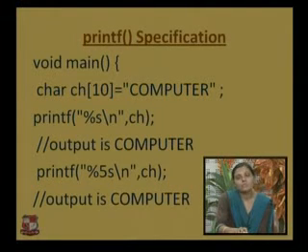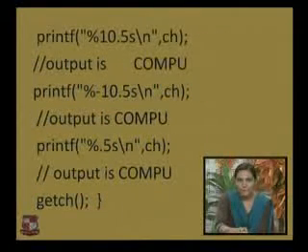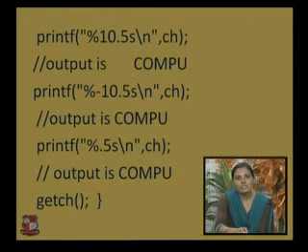Okay, but if I use %10.5s, it means 10 is the width and 5 is the number of characters printed on the screen, that is only 5. Since the width is 10, the remaining part will be left as spaces or blanks.